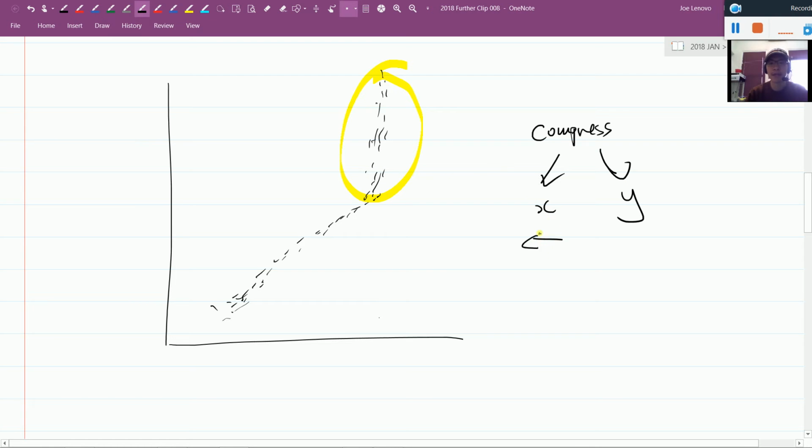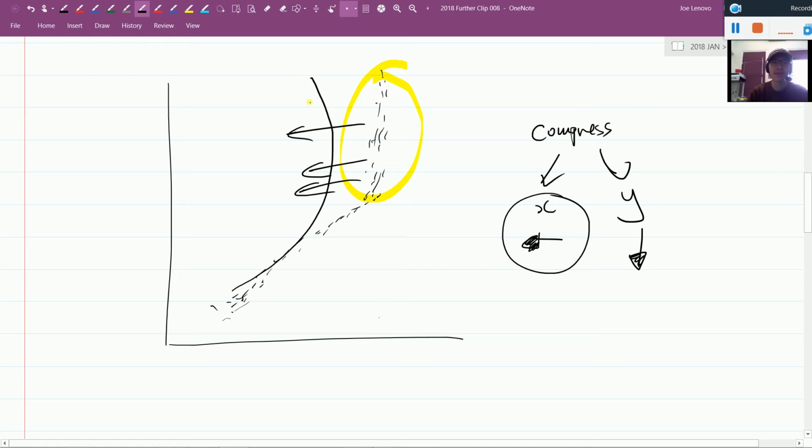X compress is going towards 0, y compress is going down. If you think about x, if everything moves across, it just makes it worse. The graph goes kind of in a circle, backward. That's definitely not linear, so we can conclude straight away.